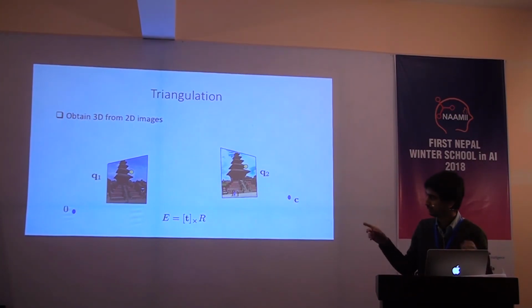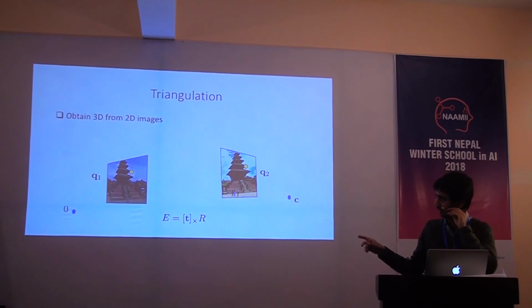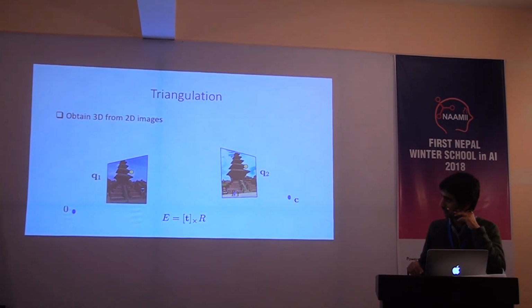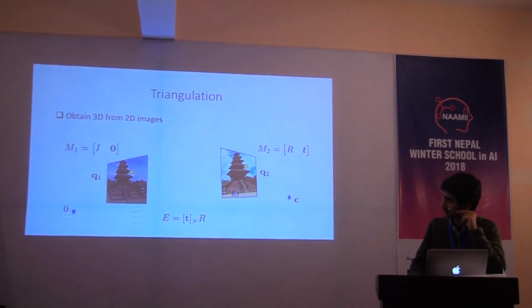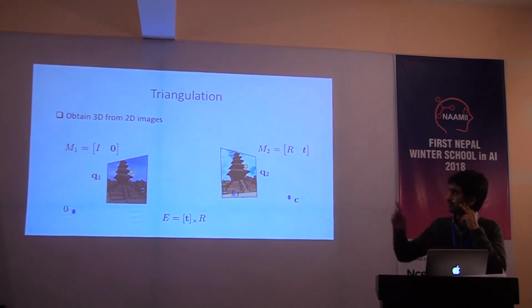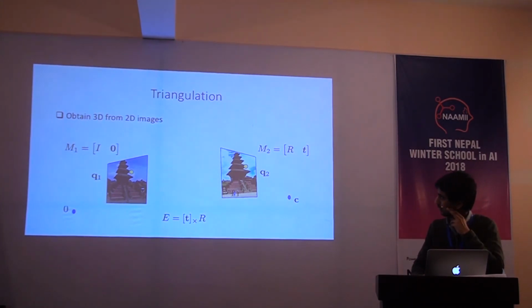You basically have to decompose the essential matrix into T cross and R. If you have the corresponding points, you will have a unique solution for T and R here. Then you have the camera matrices, M1, M2.